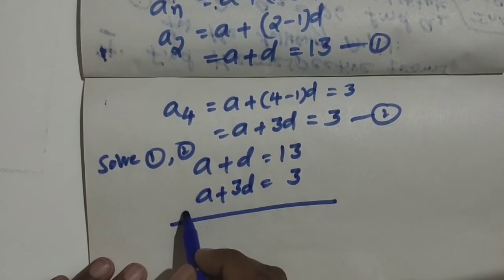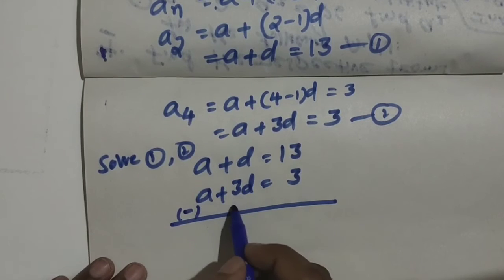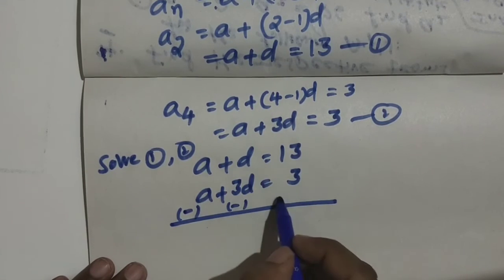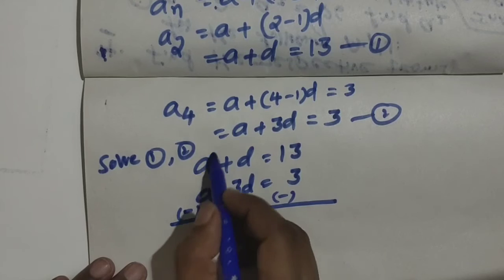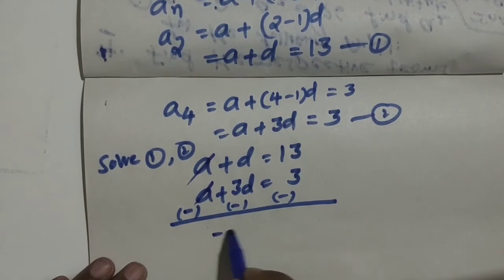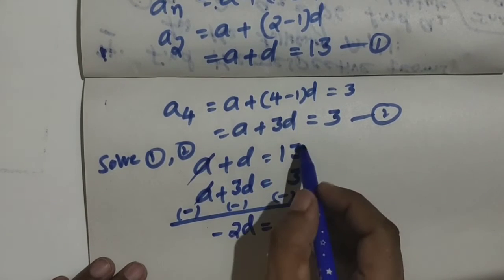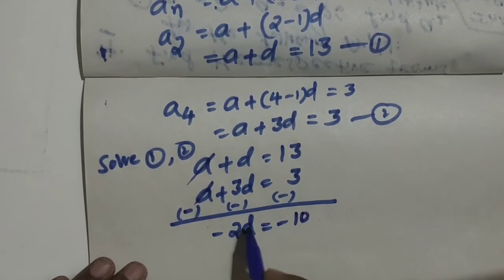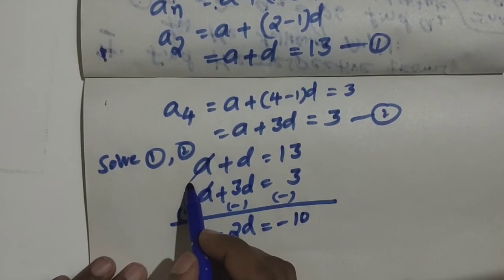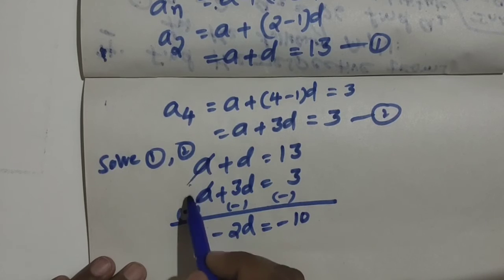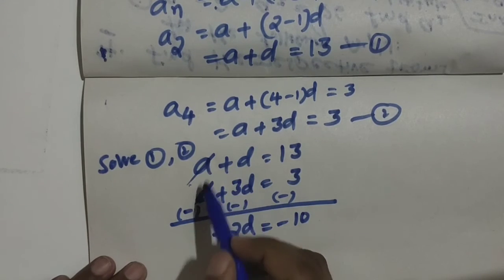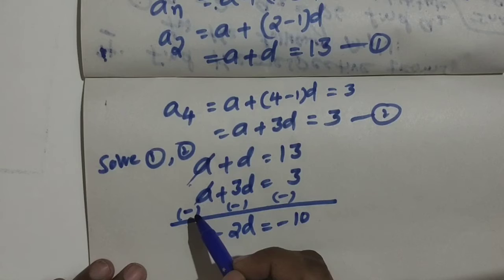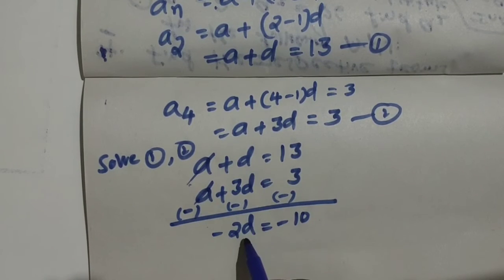Okay, so a gets cancelled by subtracting: d minus 3d is minus 2d, 13 minus 3 is 10. Why? Because we already have the a coefficients the same, then we can subtract these two, and by that we can eliminate the term a, then we easily get the other term.